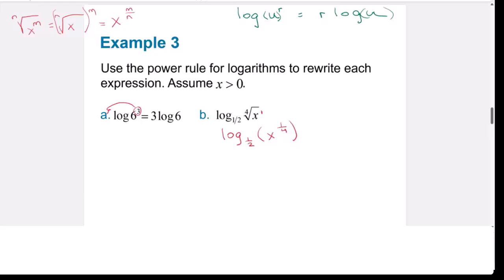Since the exponent on x is 1, I get 1/4. Now I use my power rule, and I get 1/4 times the log base 1/2 of x.